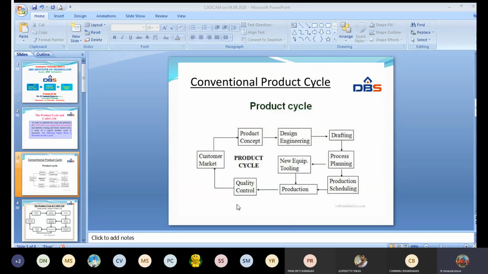So in the production, where we are creating the product, once the quality checking is over, it goes to the customer. If the quality check is not okay, it goes back for production.